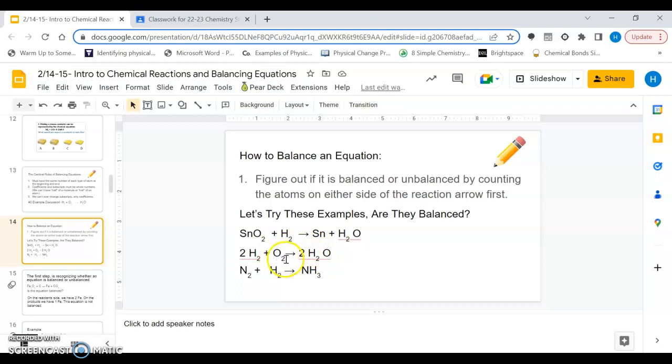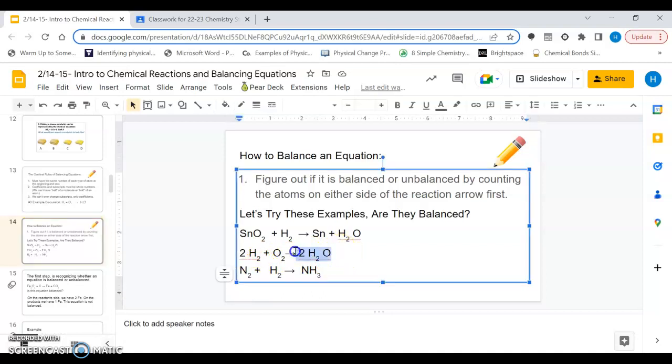I have 2 oxygen atoms in my reactant, and I have 2 times 1 oxygen, so that is 2 oxygen atoms in my product. So 4 hydrogens, 2 oxygens, 2 oxygens, we're good to go. Great. So the second one is balanced.